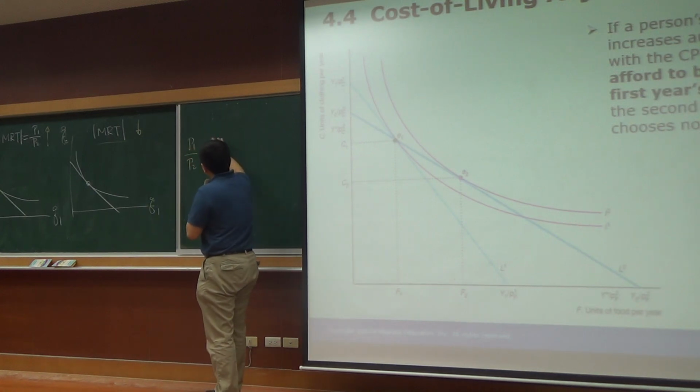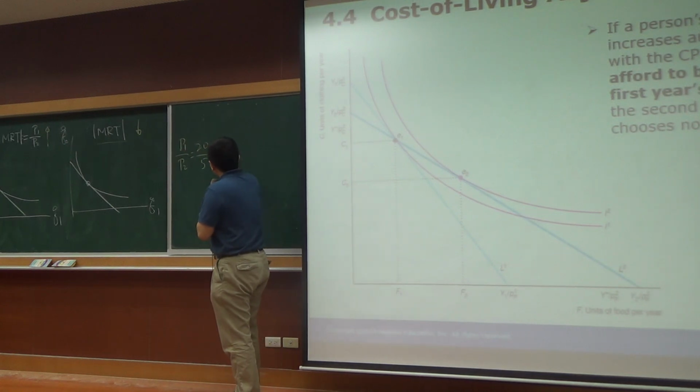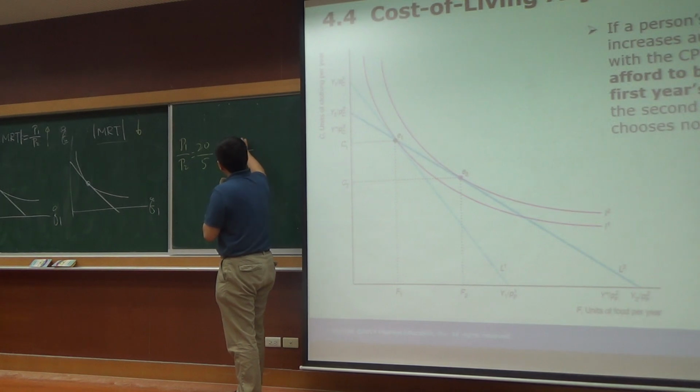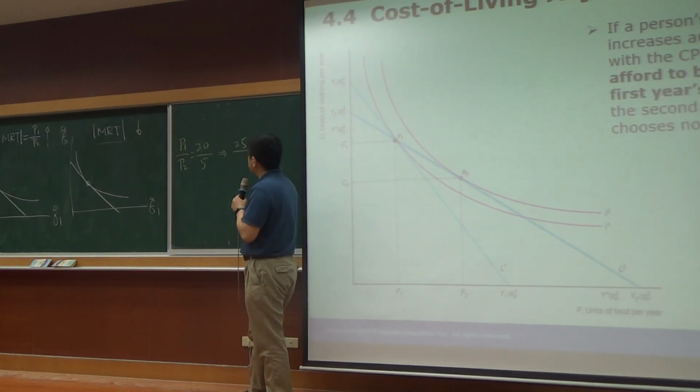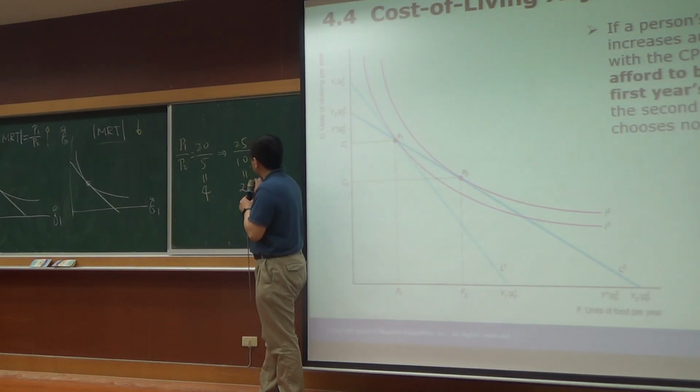For example, if P1 initially is 20 and P2 is 5, and P1 increases by 5 to 25 and P2 also increases by 5 to 10, the ratio is 4 and then the ratio is 2.5.